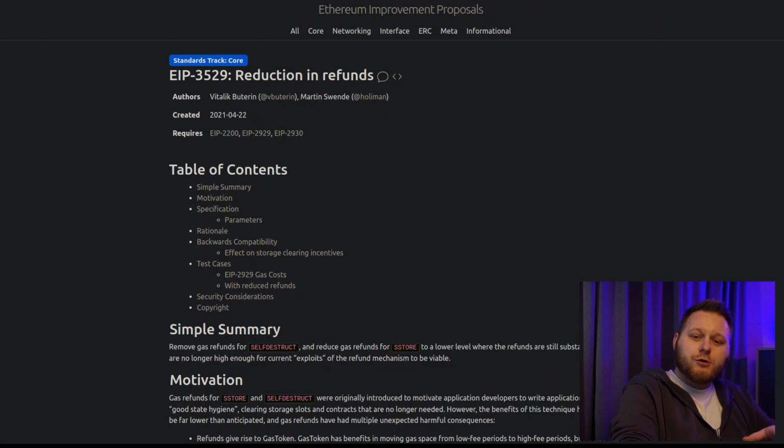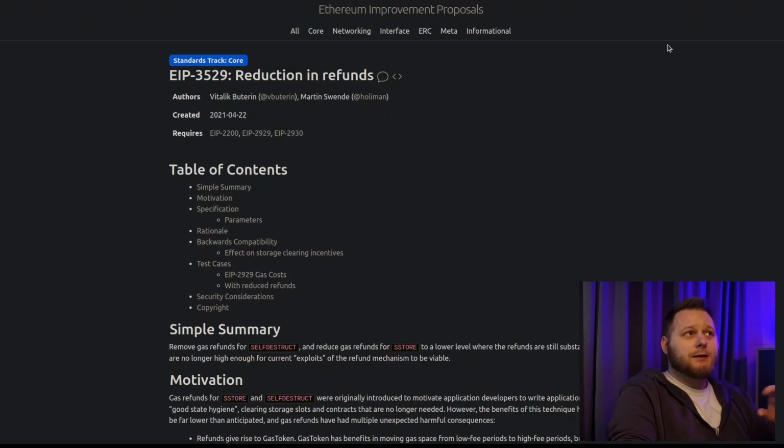And it was actually used mostly, from what I know, by MEV bots and Flashbots searchers, which were trying to minimize as much as they can the amount of gas they are paying. Using this trick allowed them to have an immense amount of refunds on their transactions.